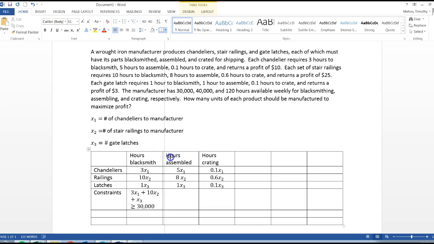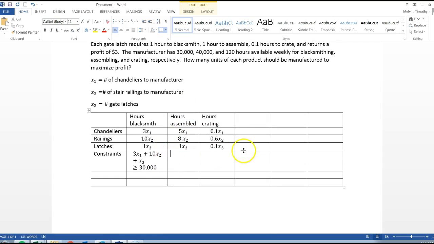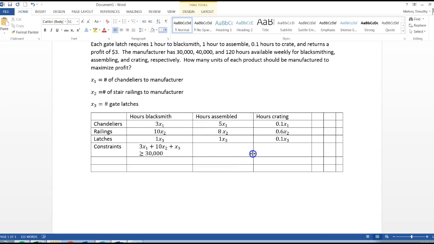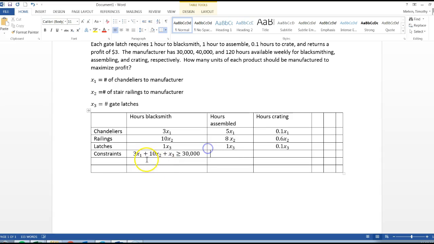I could try to make this easier to read, but probably it's easier just to write this down on a piece of paper. So we've got the first constraint for the hours to blacksmith.